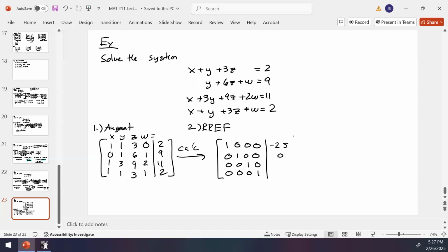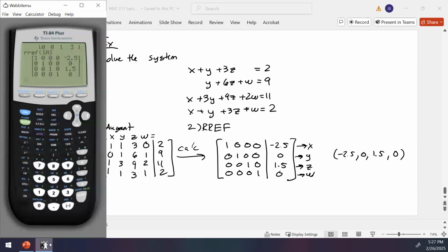By calculator, very fast. So right here, that's X, Y, Z, W. So -2.5, comma 0, comma 1.5, comma 0. If you ever want to convert it to a fraction, math, frac, there you go. That converts it to a fraction.